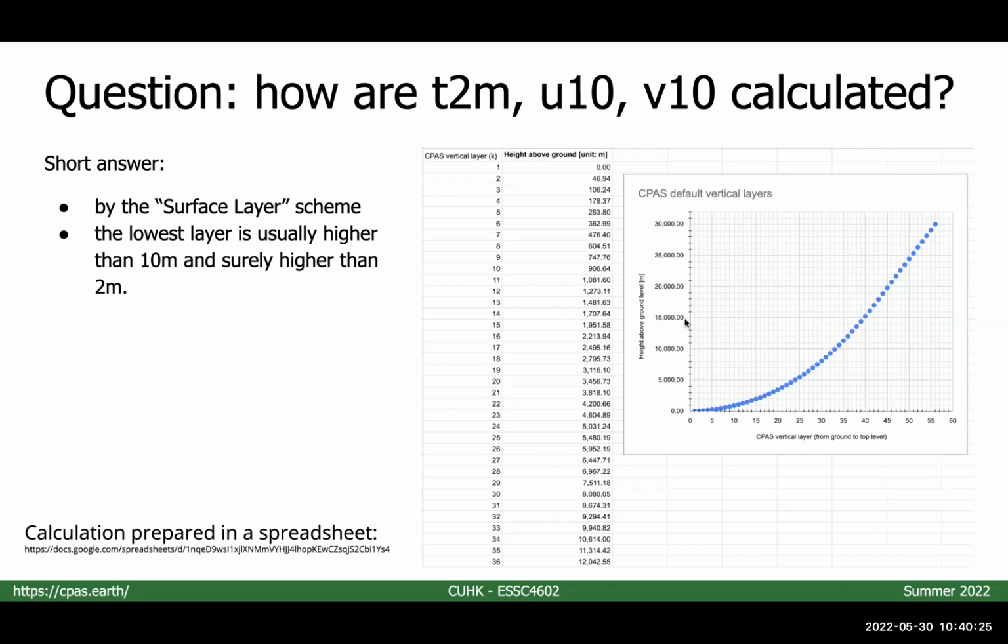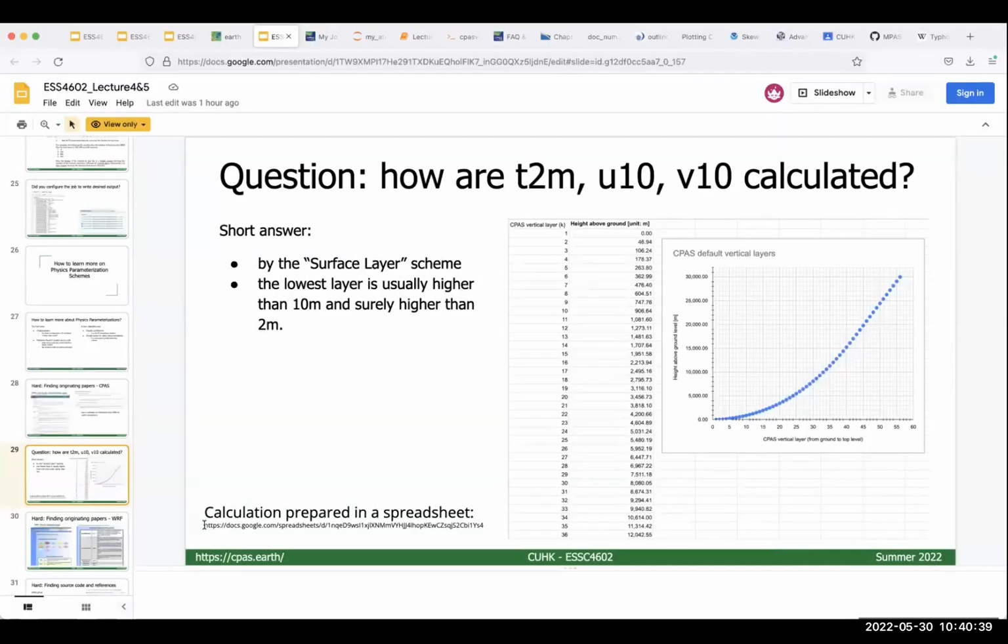So after you have done 3D visualization, you can look up the actual height above ground level with this plotting, or you can visit the spreadsheets, which I hopefully will share with you.